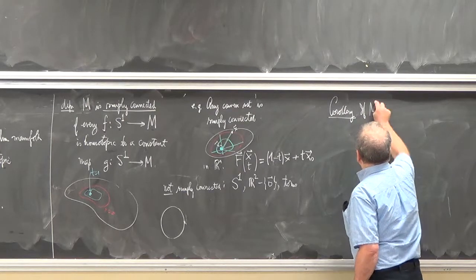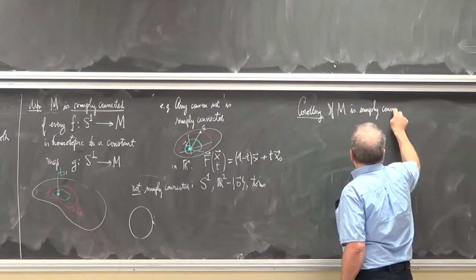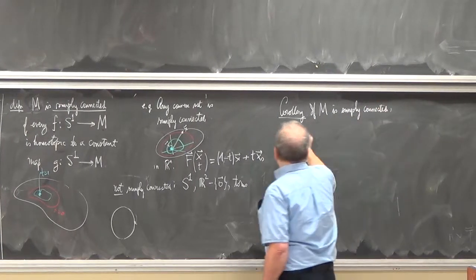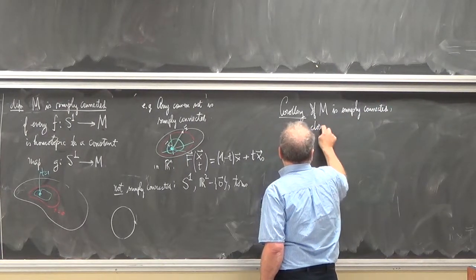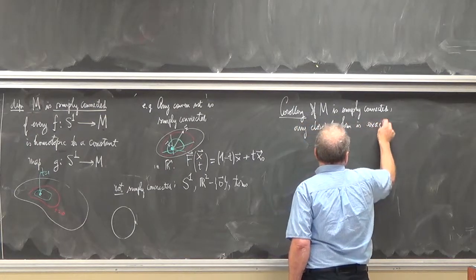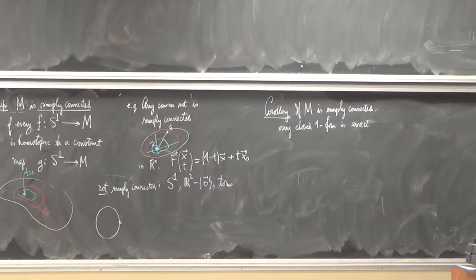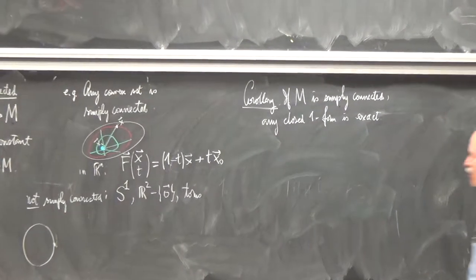If M is simply connected, any closed 1 form is exact. See how you might prove that using this?